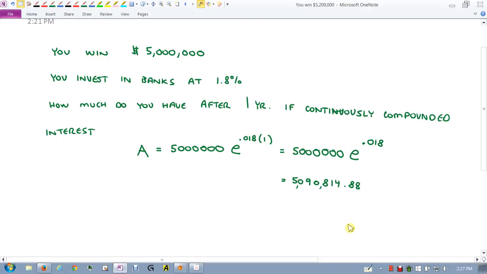So that's a pretty good situation to be in, right? Now think about the person who wins those Mega Millions. If you won 50 million and you invested this in banks, simple interest, you'd make $900,000 a year.